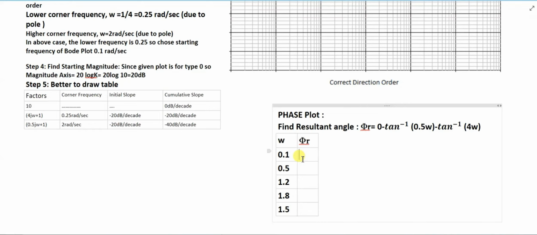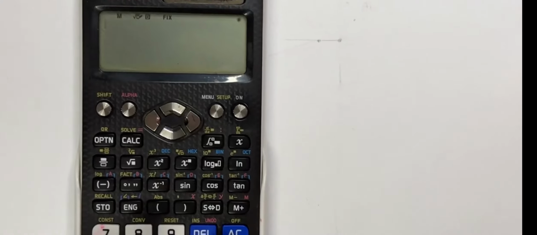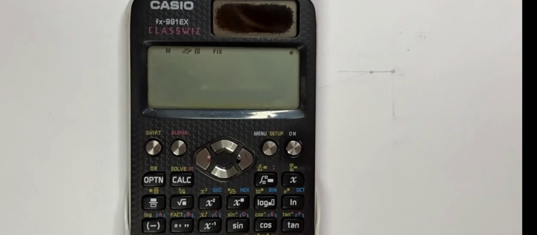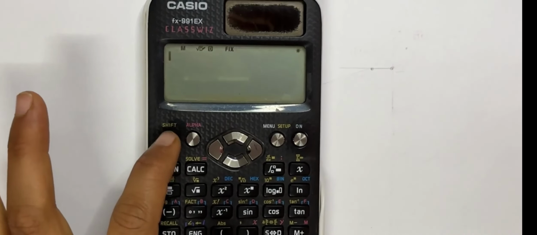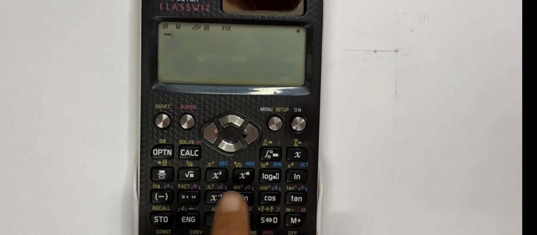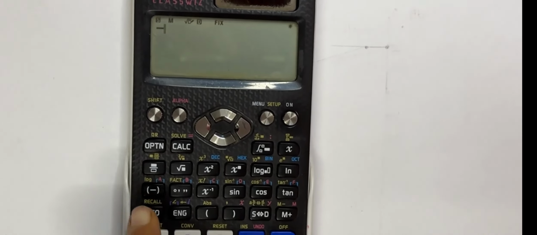For now we have placed 0.1, 0.5, 1, 1.2, 1.5. Try to arrange them in ascending order. Then you can use the calculator as shown in the video. Here we have directly placed the value. It was 0, so we didn't place 0, directly minus tan inverse 0.5 omega.